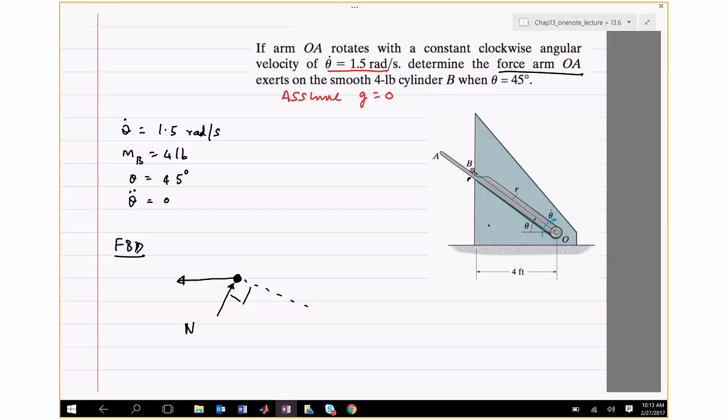So let's call that N1, let's call this N2, and this is again going to be normal, like this. Are there any other external forces acting on the mass? There's no gravity. So that's about it. There's no other force.